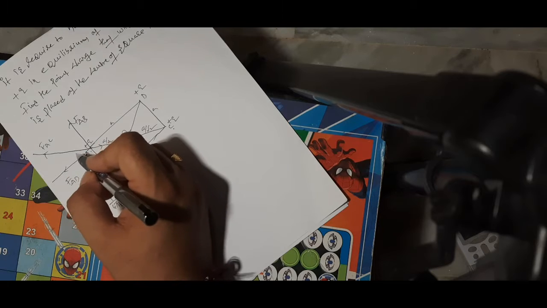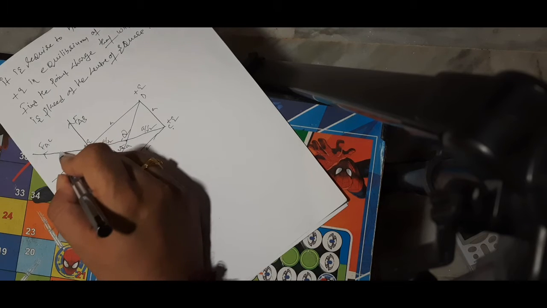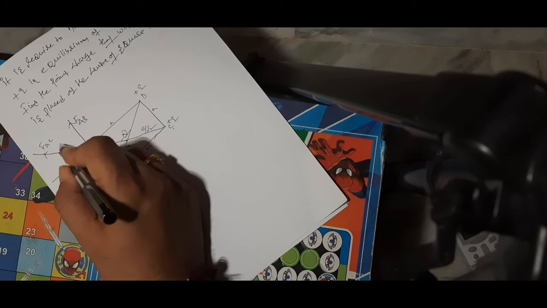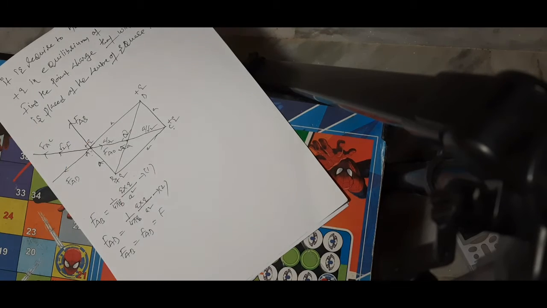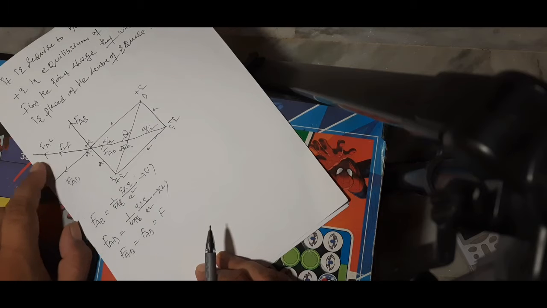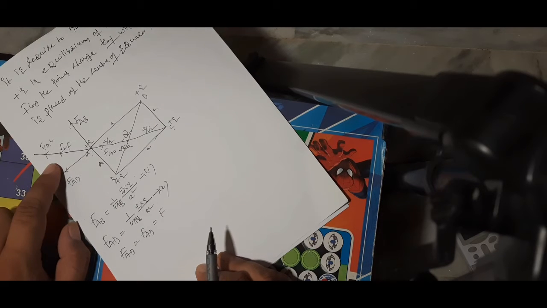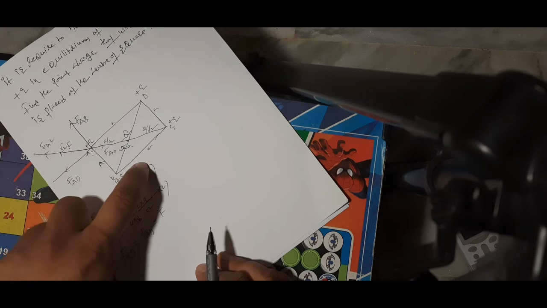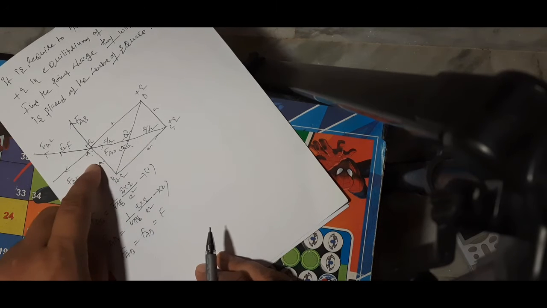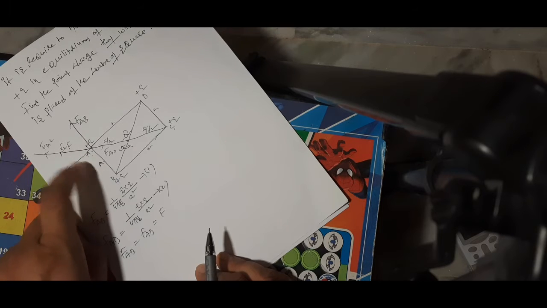The resultant bisects these two forces, so that is nothing but root 2F. If the sum of these two forces is balanced by a force in the opposite direction, then the charge kept at A is in equilibrium.